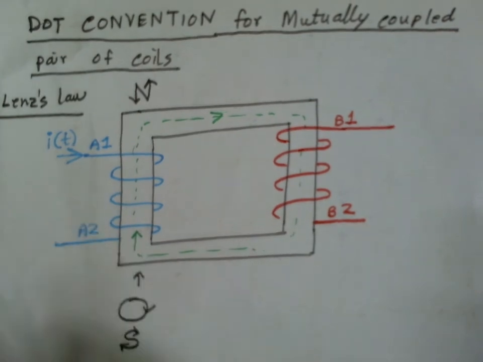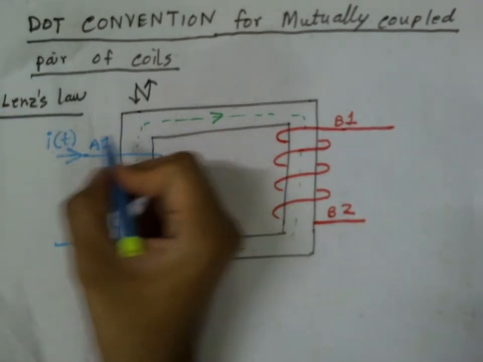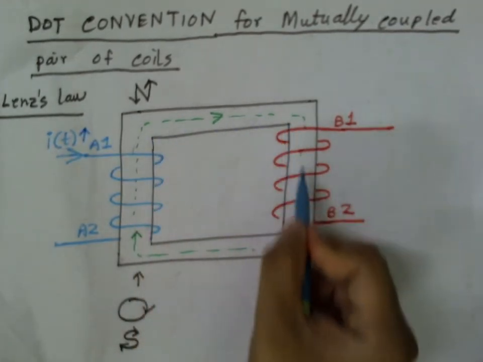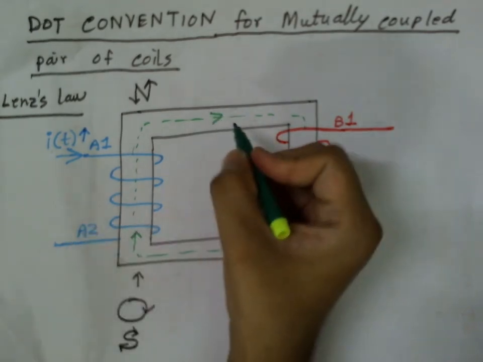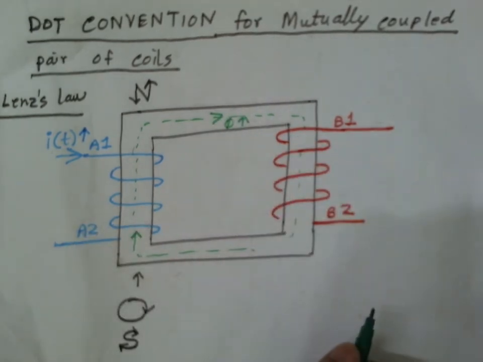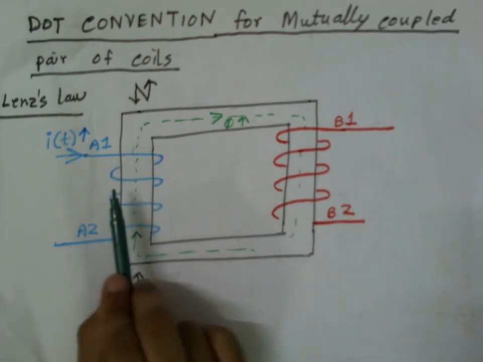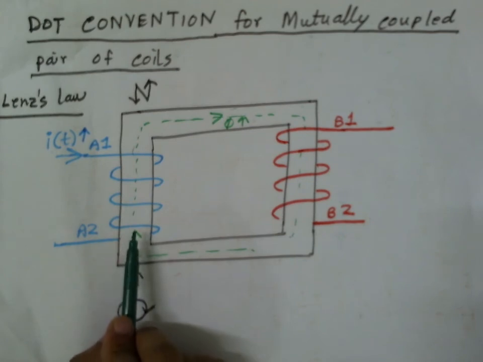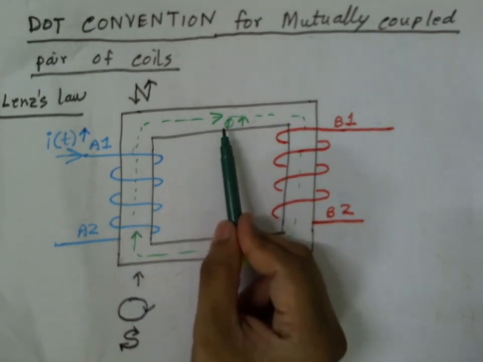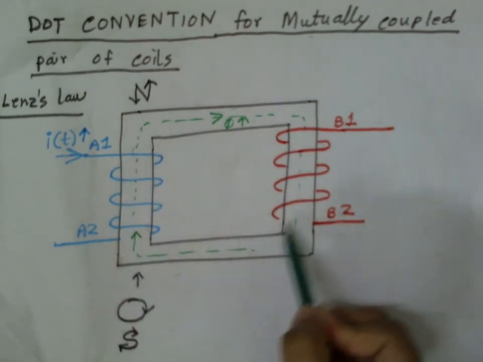So, if i(t) is increasing, then this flux phi is also increasing. Therefore, the EMF induced in this coil should try to reduce this flux, or in other words, should try to generate a flux in the opposite direction.